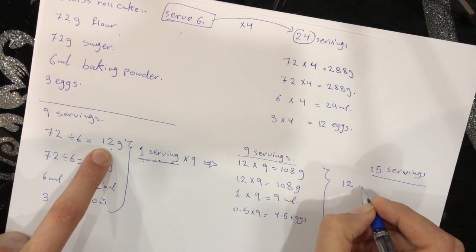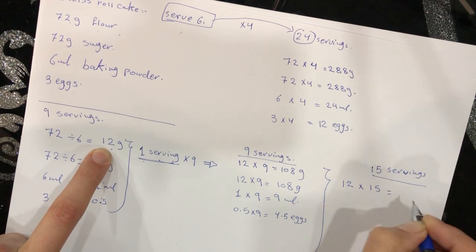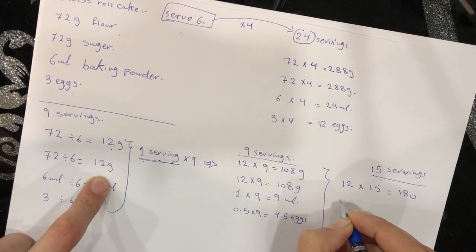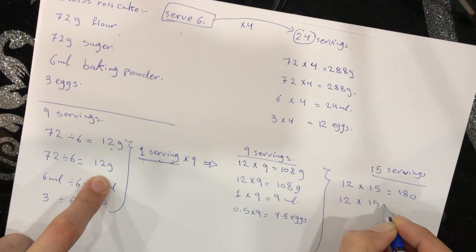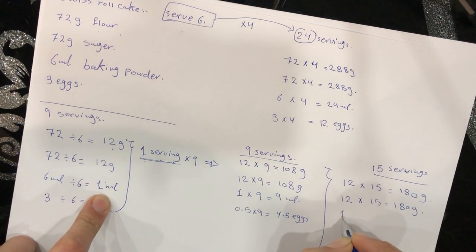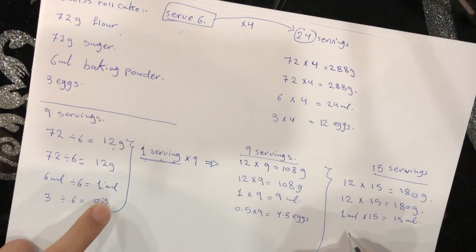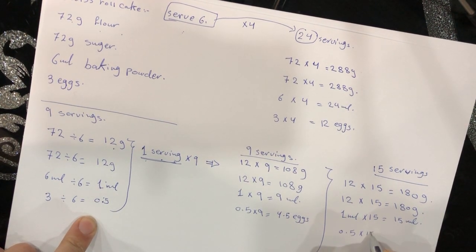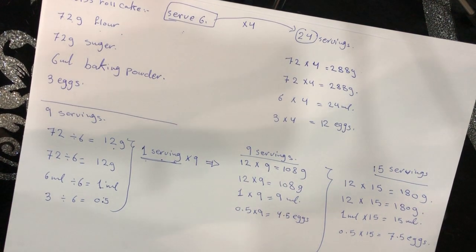So 12 grams of flour times 15 will be 180. 12 grams of sugar times 15 will be 180 grams of sugar. 1 milliliter of baking powder times 15 will be 15 milliliters of baking powder, and half an egg times 15 will be 7.5 eggs. Those are the ingredients for making a Swiss roll cake that will serve 15 people.